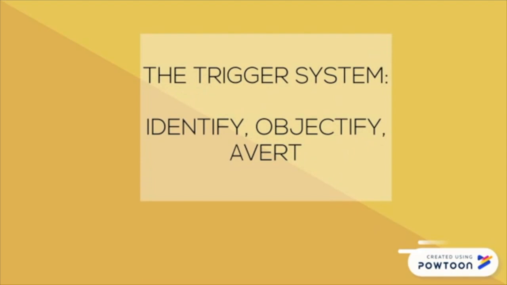Oftentimes mood disorder is based on emotional fluctuations, which, once controlled by logic and reasoning, you can have a lot of control over, which will then help you to avert, control, and move away from this mood fluctuation when it comes to certain triggers stimulating certain mood states.